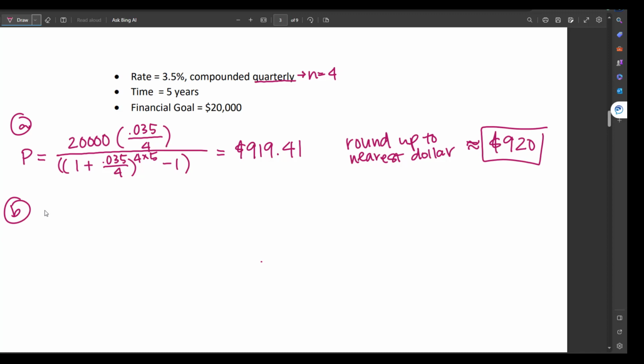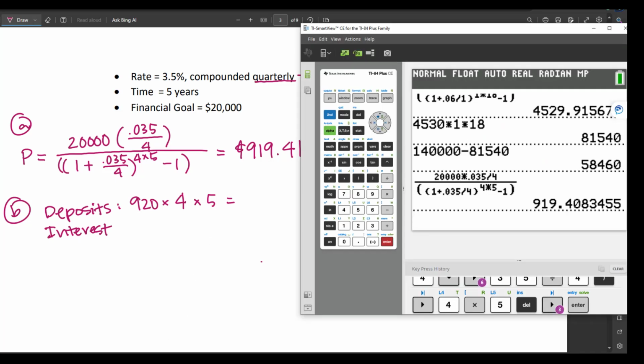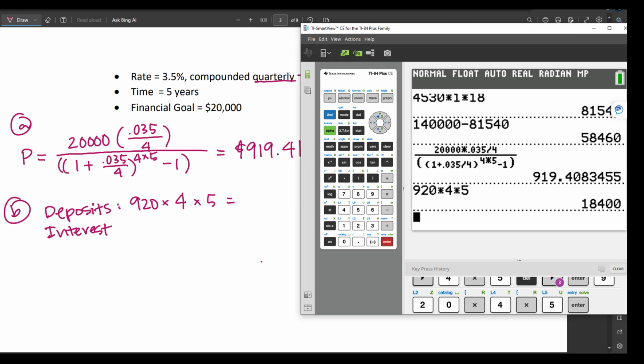On Part B, we want to figure out our deposits and our interest. So the deposits, I'm going to take our payment of $920, multiply it by N, so we pay that 4 times a year, and we do that for 5 years. So $920 times 4 times 5.